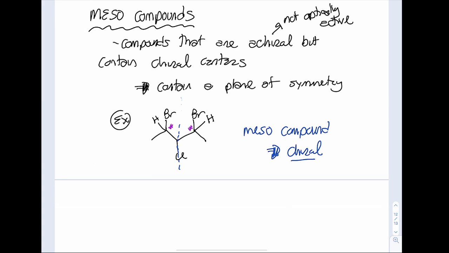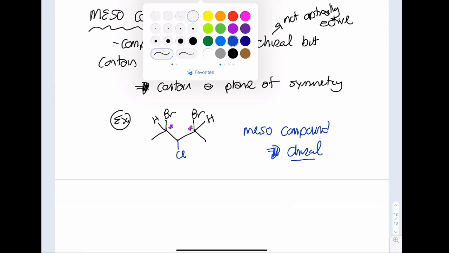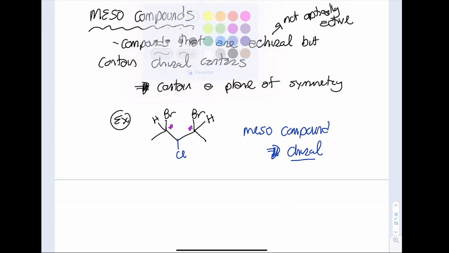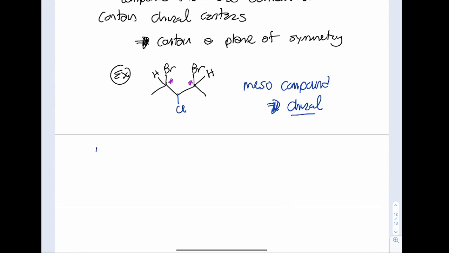Let's actually draw all of our possible stereoisomers for this, like we did in our last problem. Put that chlorine back on there because we're going to need it. Okay. So I have 2 chiral centers. I'm going to draw 4 things again. I do have to do 3 of these this time, because even though this is not a chiral center, that carbon with the chlorine on it still exists, right?